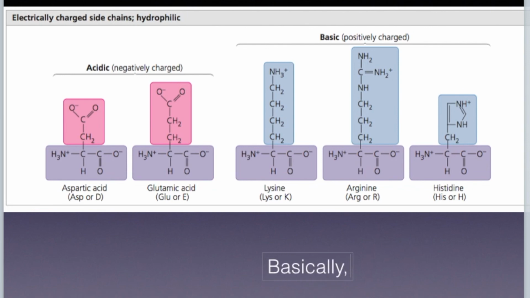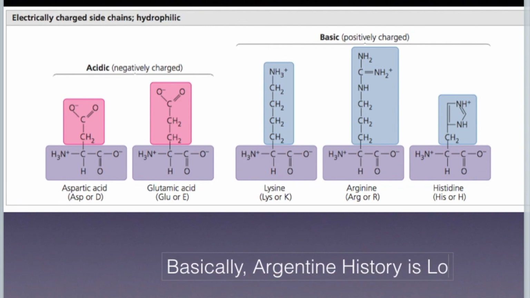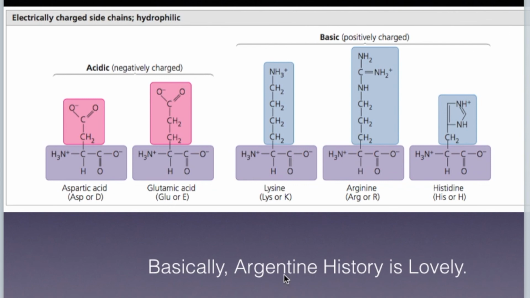Basically, "Argentine history is lovely." Now, "basically" means that the following amino acids are basic, just like what we did with the hydrophobic part, like phobia.